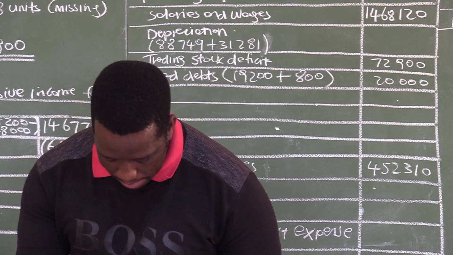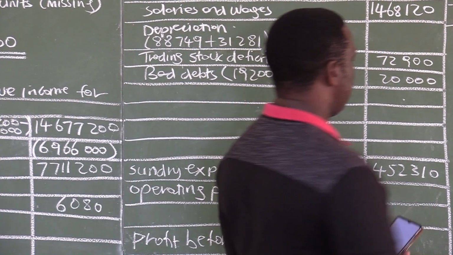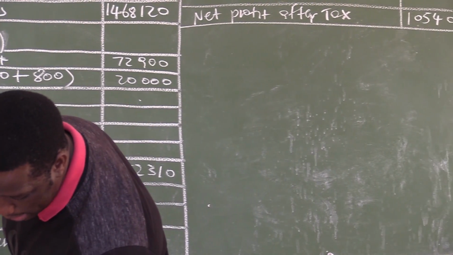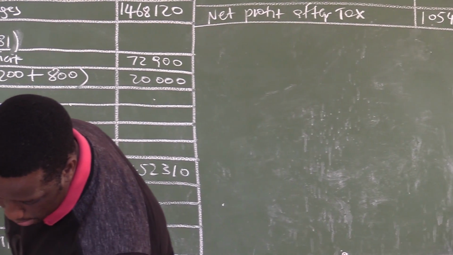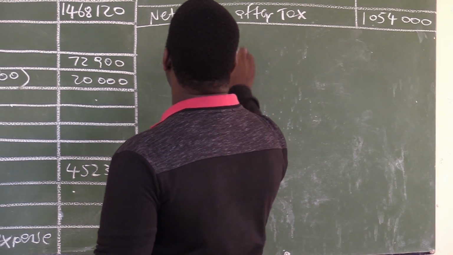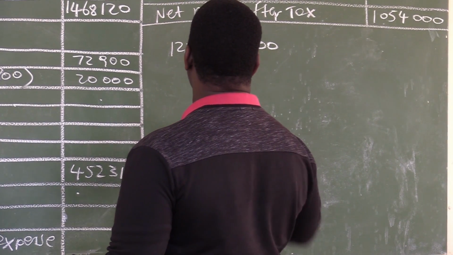Provision for bad debts must be adjusted to 5% of the outstanding debtors. The debtors control amount given is 123,000 minus the 800 we have just written off.